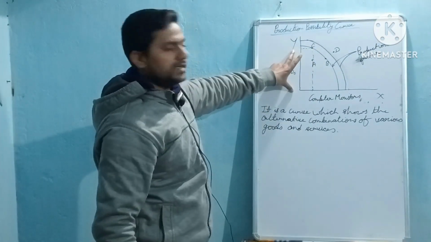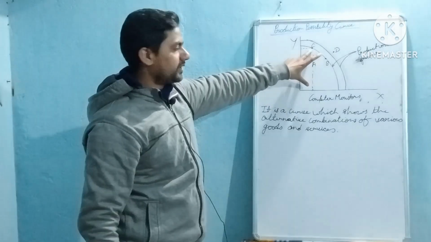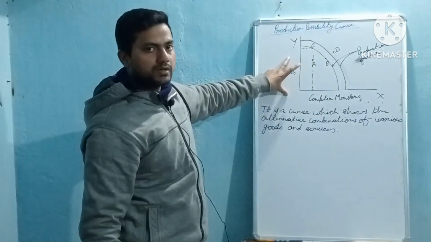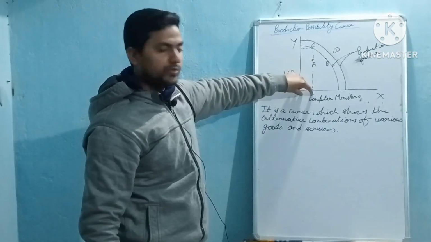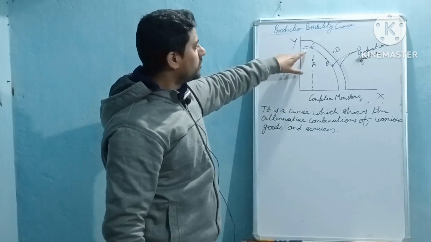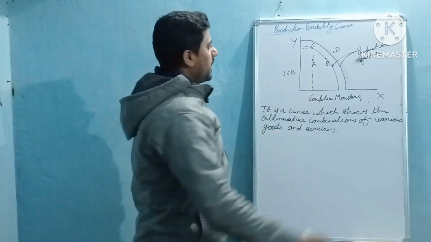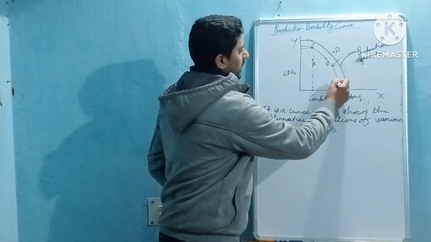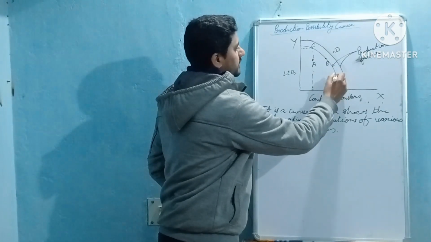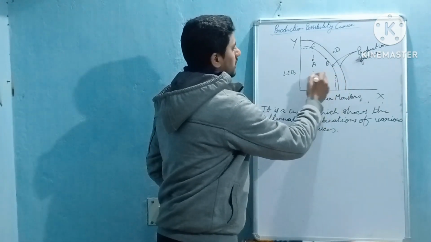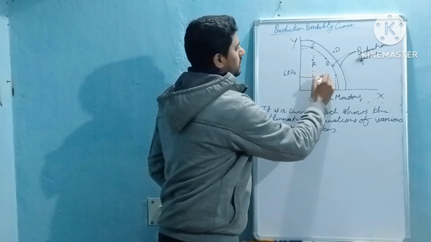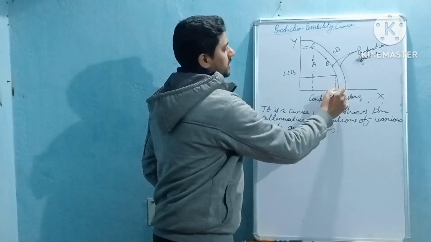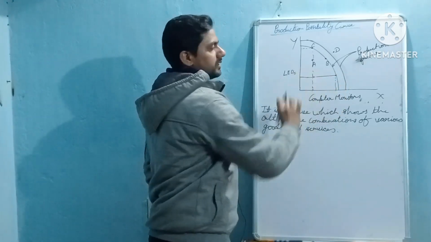So production of LEDs at point C is greater compared to computer monitors. But if we move along this curve to this point, the production of computer monitors is much greater compared to LEDs.